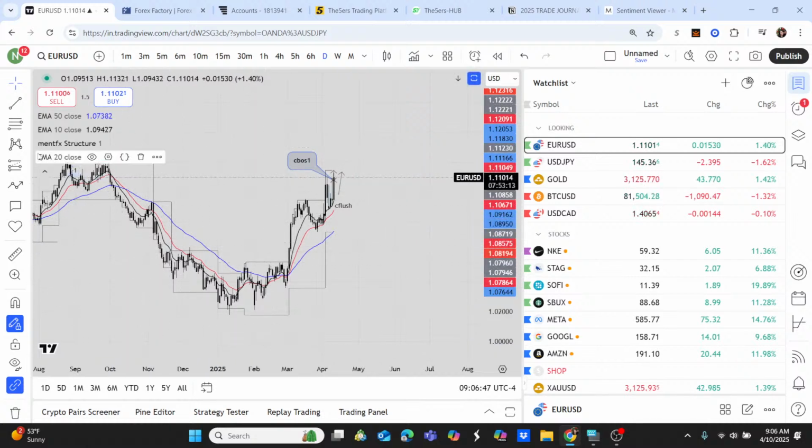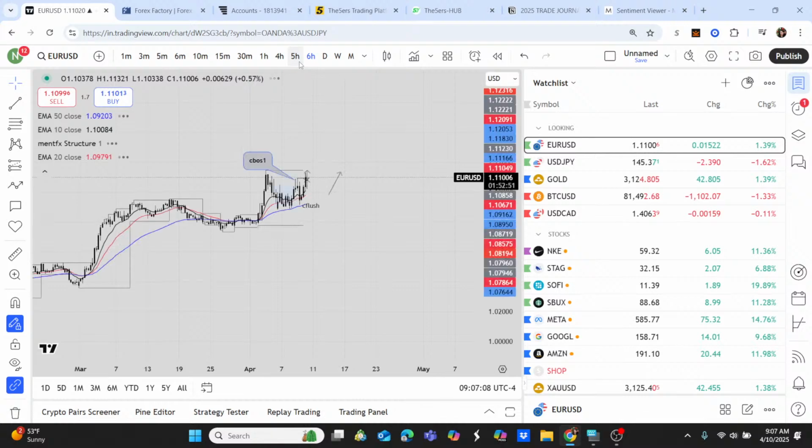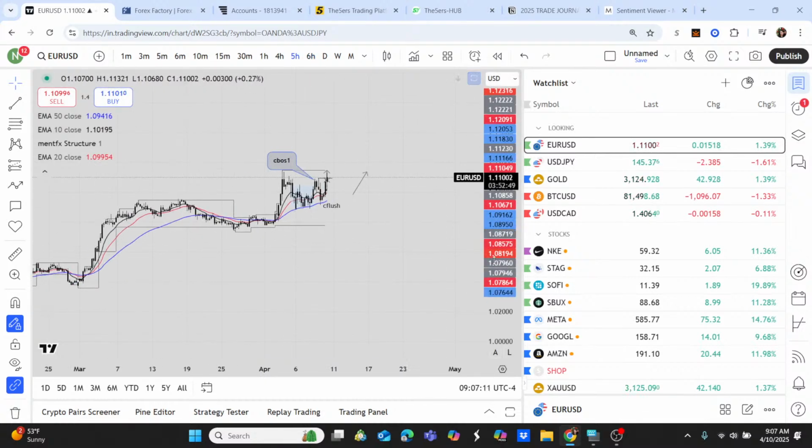You can call it whatever you want, like a huge move down, but it's all about what price is doing. Now after that, what I expect is for price to pause against the 10 and 20, and then push higher and create these breaks of structure, basically 4 to 5. So they basically happen on all time frames.